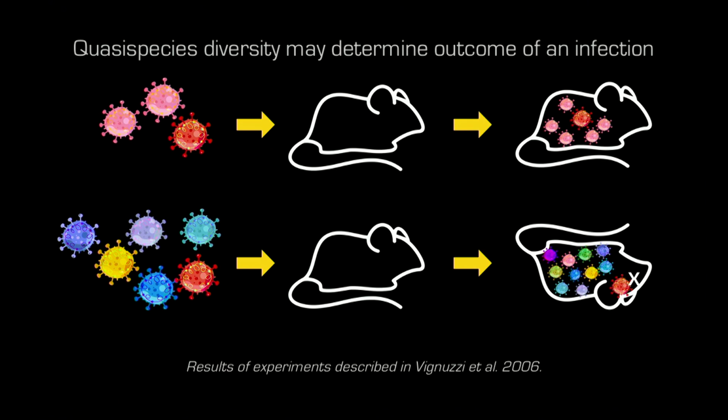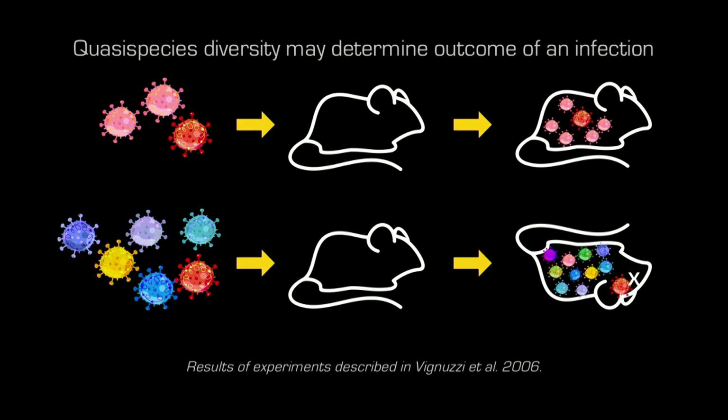Now, when they did this, they took the virus that made it to the brain and they grew it up in two different types of populations. They grew it up in such a way that it could not mutate that much for one population. And that's shown here on the top of the slide, where the red virus is the one that they got from the brain, the genotype present in the brain.